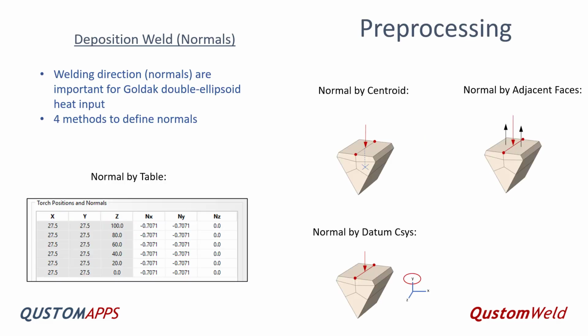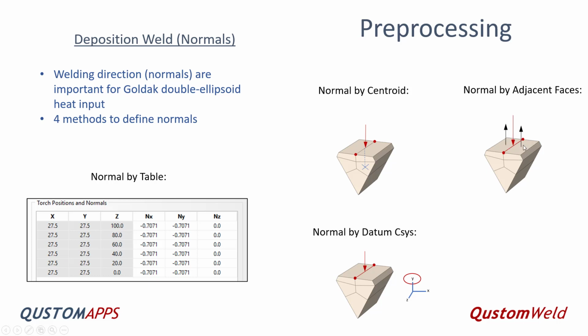All right. So one thing with Goldak is that we have an elliptical shape, but that is dependent on how it's oriented. I just want to briefly mention that with QustomWeld, this orientation is defined automatically. There are a couple of ways: by centroid, where, if this is the torch path, the normal is assumed to point from the torch path into the centroid of the bead, or just by adjacent faces.